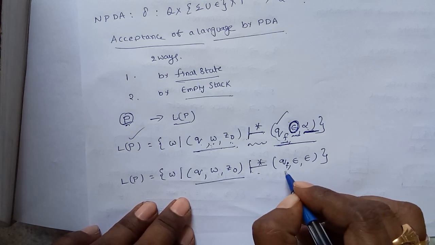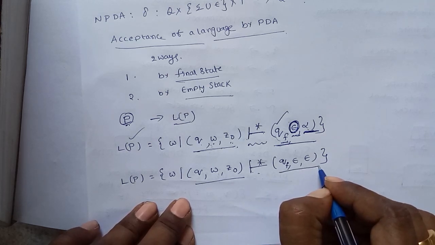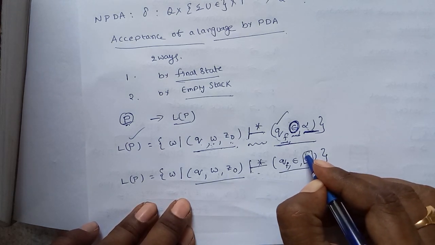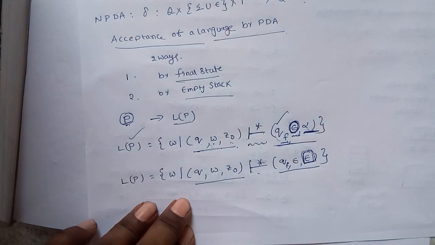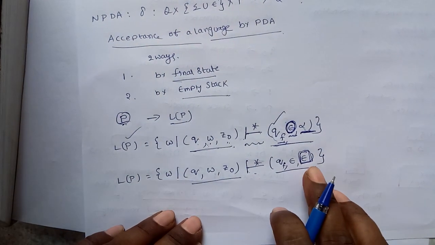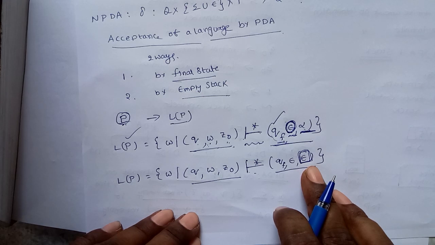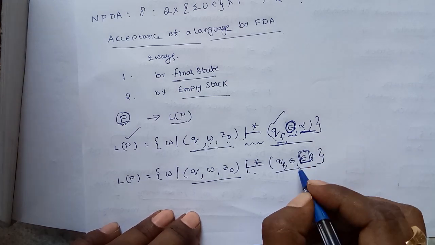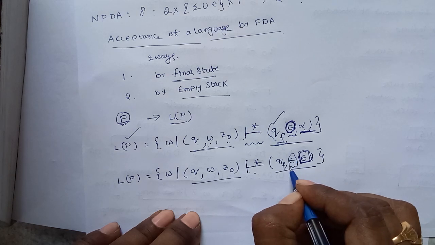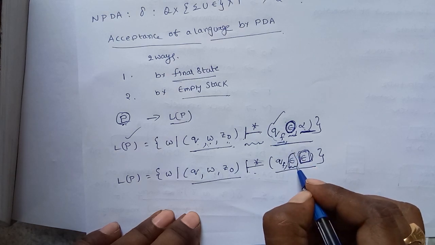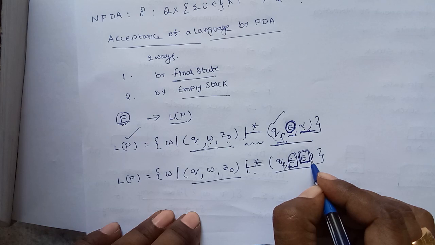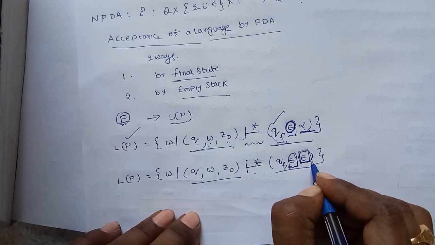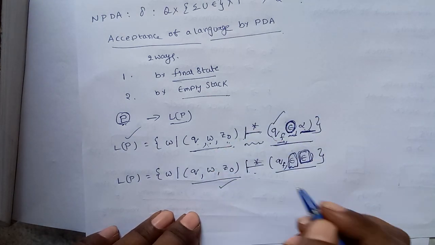After many moves, if I reach this position, here the top of the stack is epsilon. If the stack contains no elements, and at the same time the input is empty, remember, the input is always empty and the stack contains no element. That means it is also accepted.